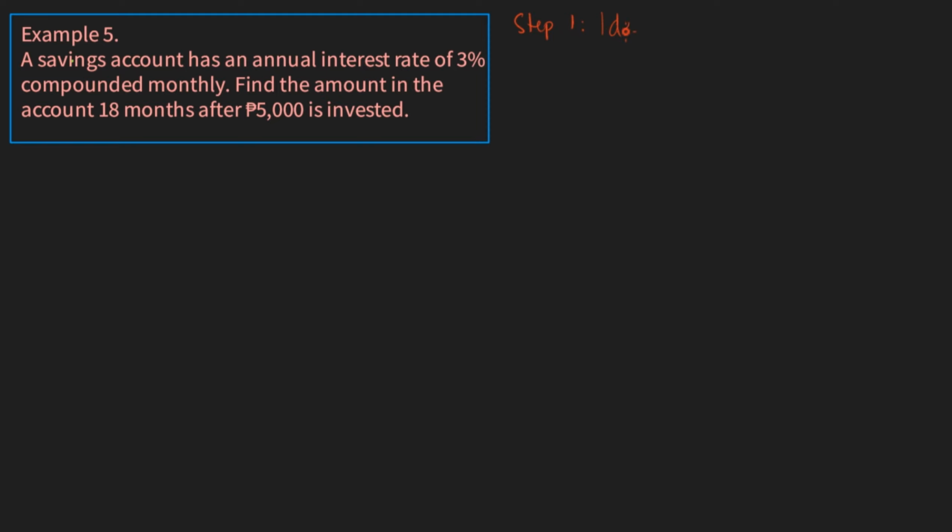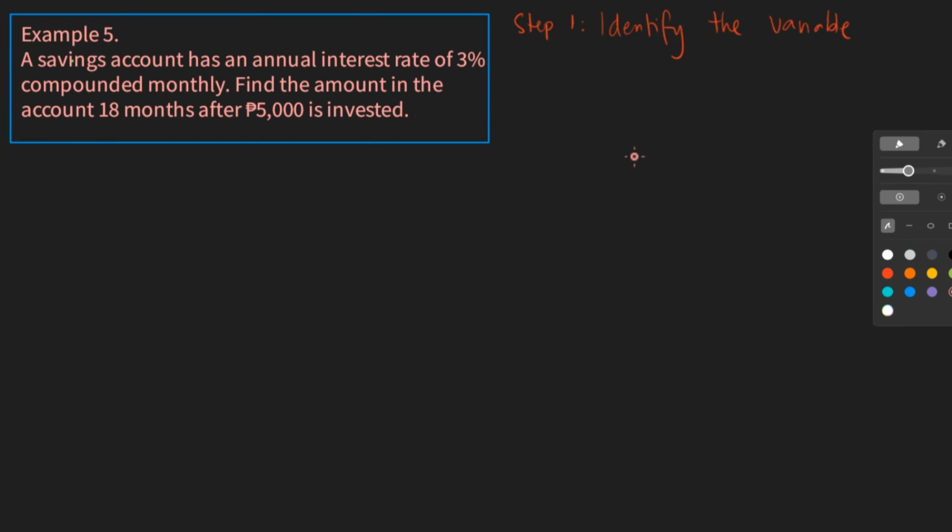We need to identify the variable. So let us remember that we count the sequence based on the number of conversion periods. Again, we need to count the sequence based on the number of conversion periods.